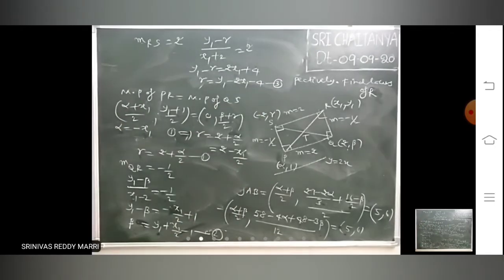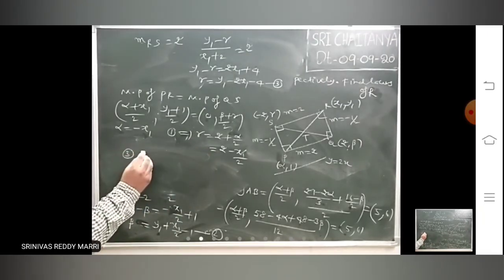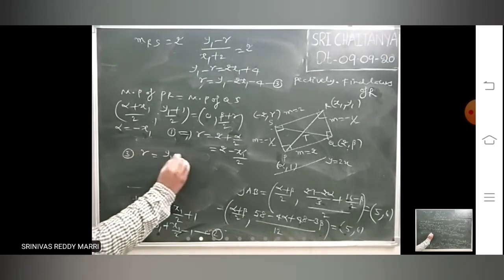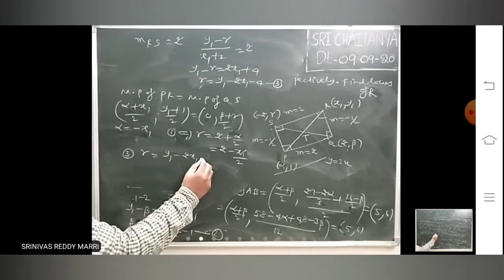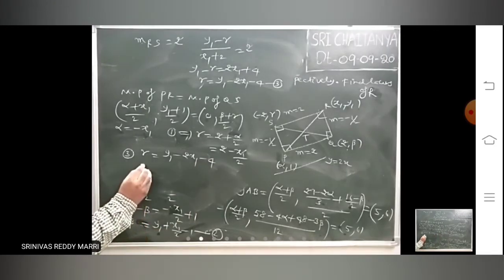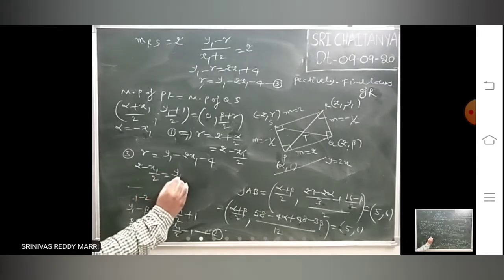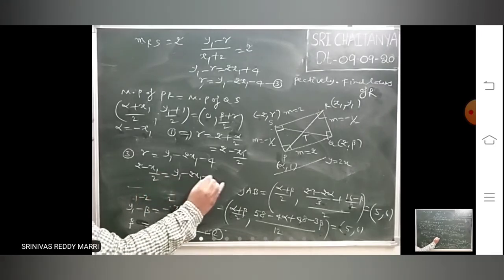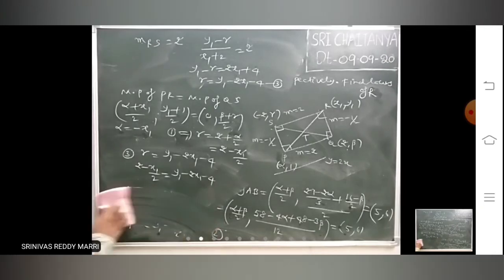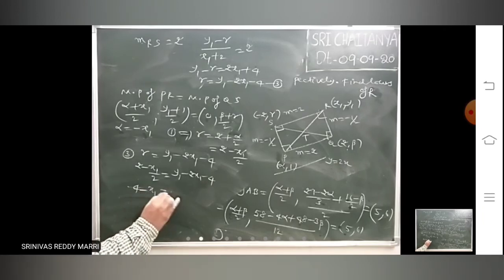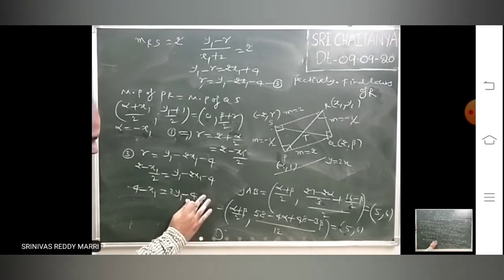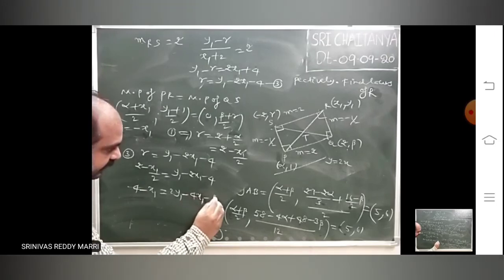Now take the third equation and eliminate gamma. Third equation implies gamma equals to y1 minus 2x1 minus 4. That means you will get 4 minus x1 equal to 2 multiplied by 2y1 minus 4x1 minus 8.